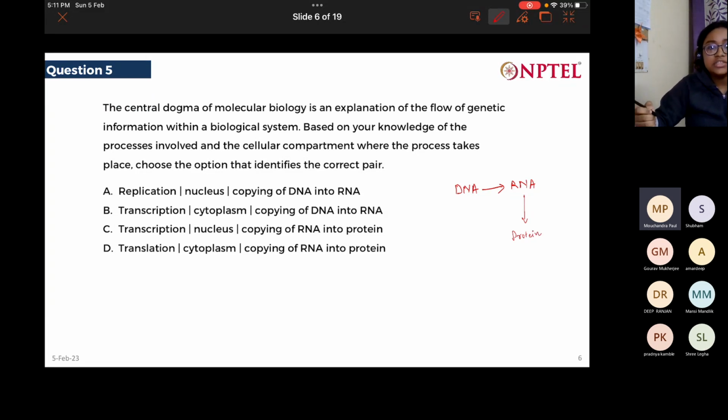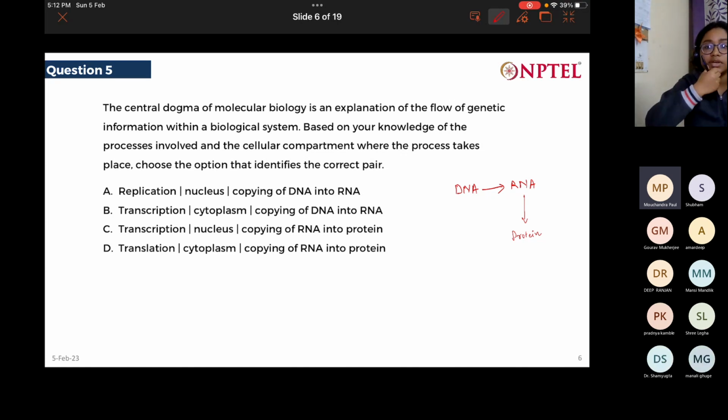So this basic knowledge and also the location. Transcription or replication, all this happens in the nucleus, whereas the mRNA, which is formed in the nucleus, is transported out into the cytoplasm where the actual translation process happens. So using this knowledge, you can definitely understand what the answer will be.